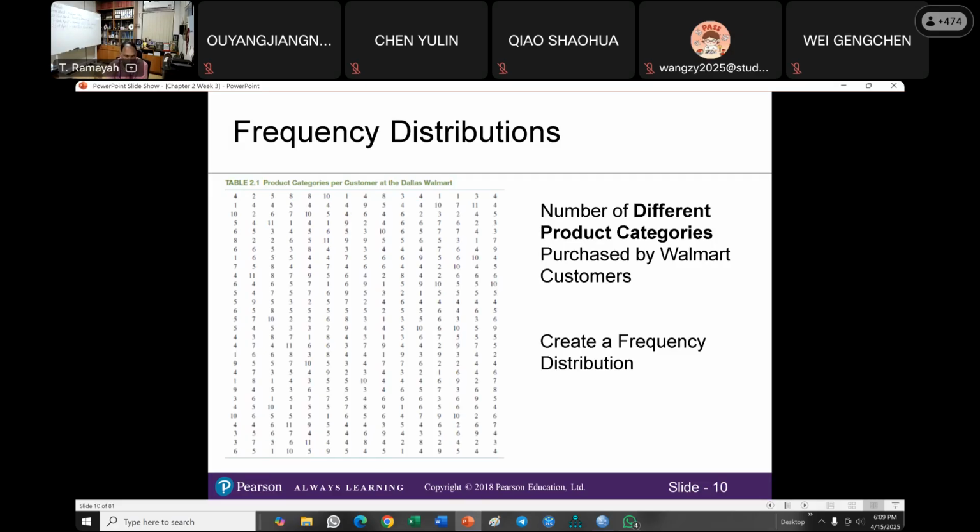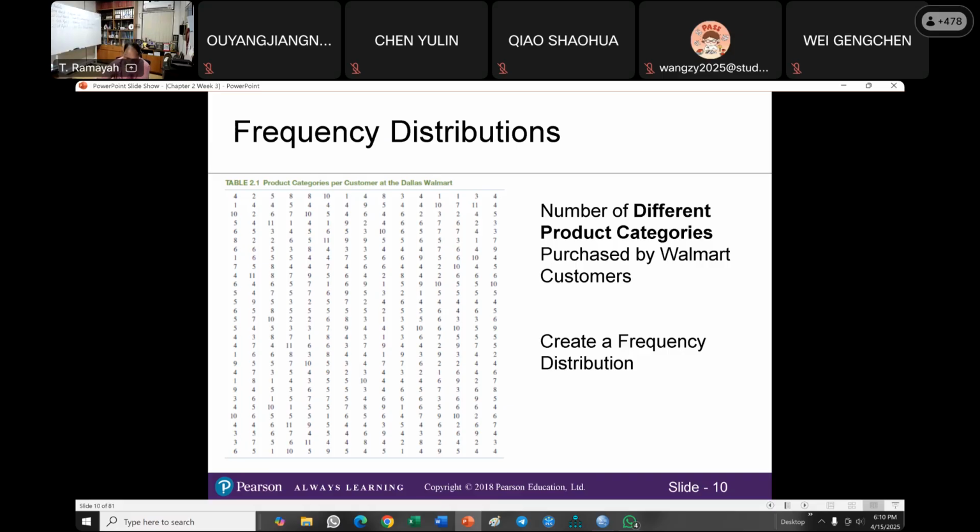These numbers are representing the product categories sold in Walmart, and how many times they appear? Let's say we take the number 10. You have number 1, we have 2, 3, right? We have to count how many times. So if you have raw data like this, it is very difficult for you to visualize which product category is bought a lot or is selling well.